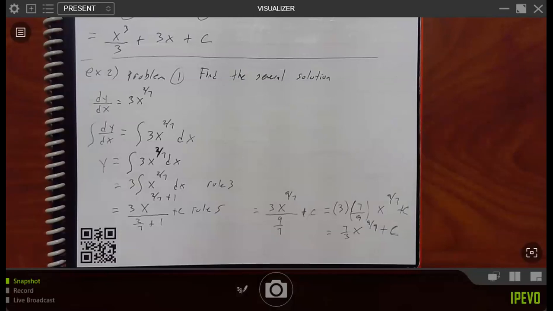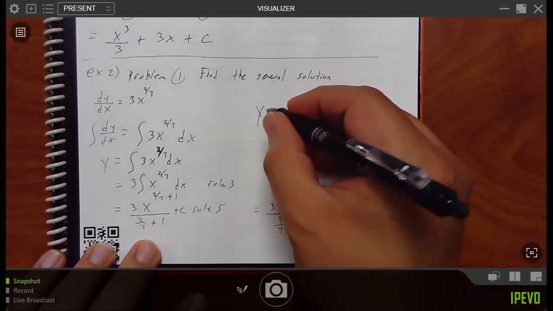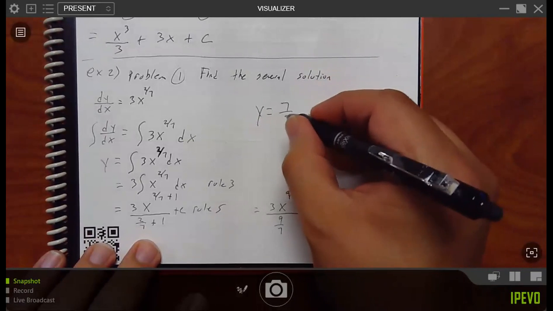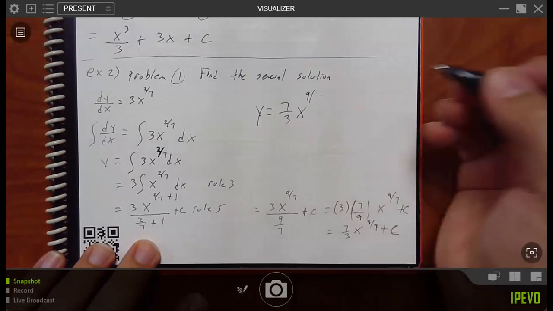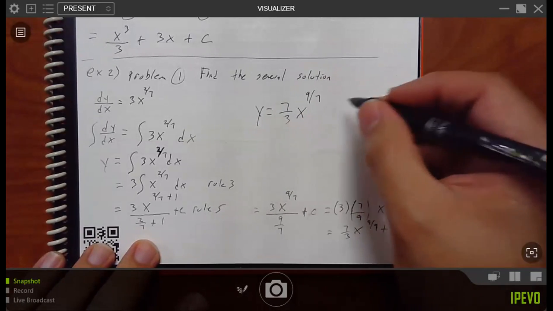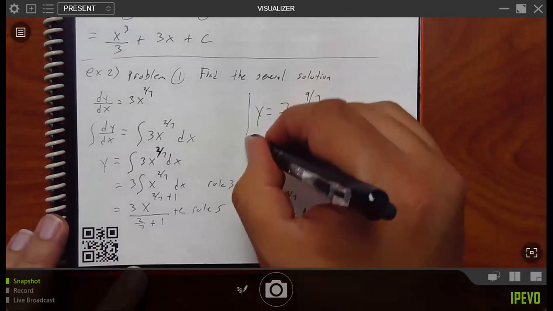Any questions about those steps? Does it seem okay? It's not too bad, right? So the general solution: y is equal to 7/3 x to the 9/7 plus c. Your answer.